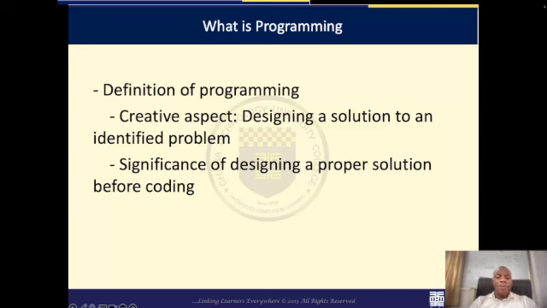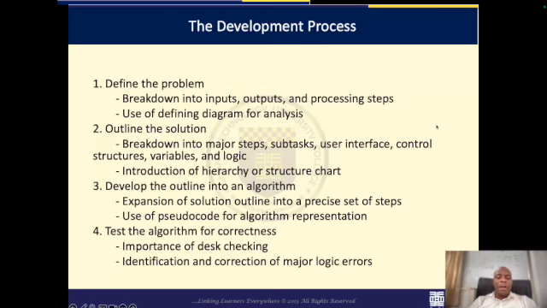So, to be able to develop a program, you need to go through some steps. The first step is you should be able to define the problem. Once you are given a problem to solve, you should be able to define the problem. Then you should be able to outline a solution to that problem.